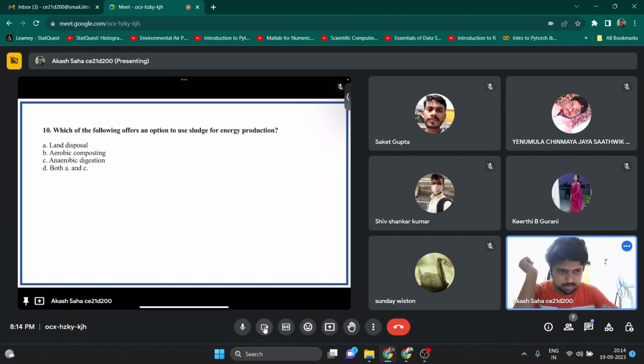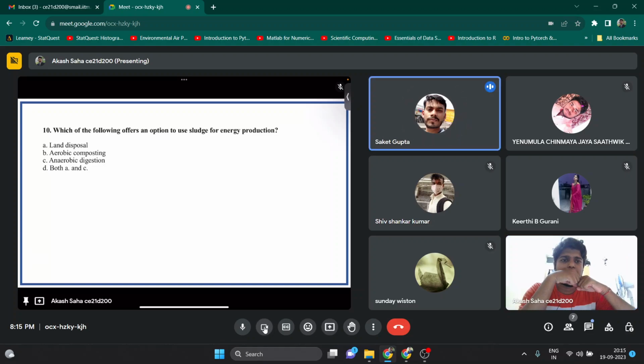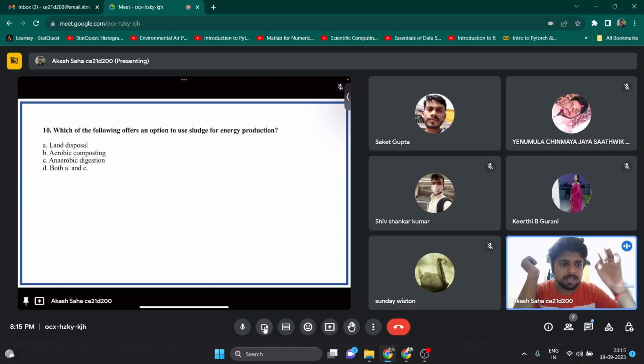Majorly which gas gives us the energy? Sir, land disposal. So if you are disposing the sludge on land, will it generate energy? Sir, methane will be produced, but in an anaerobic condition. Anaerobic condition, right? So anaerobic digestion is the correct answer.